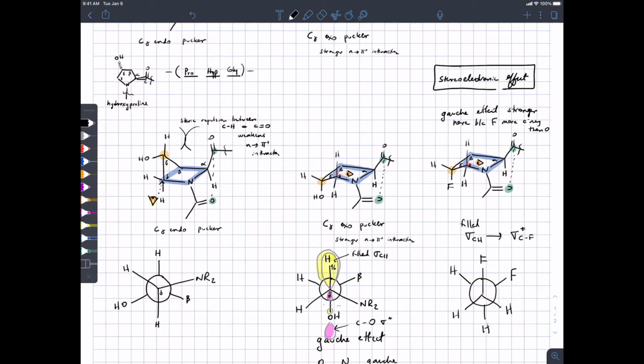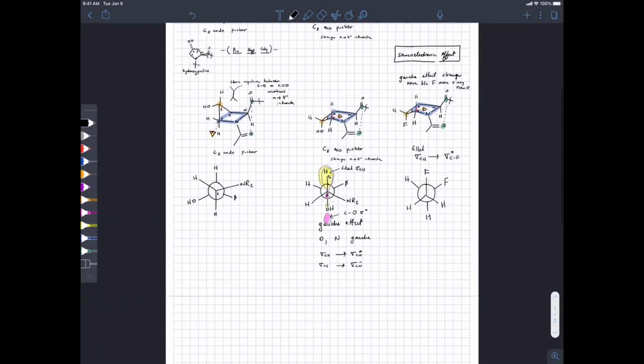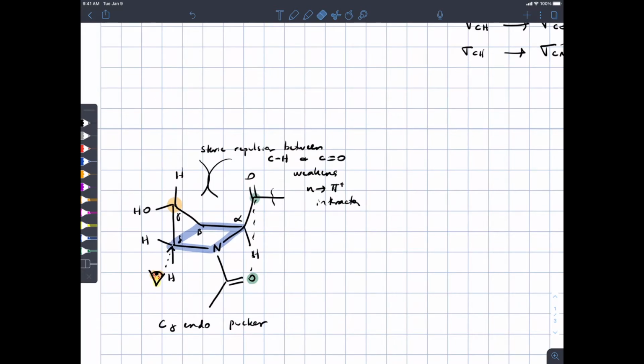Okay, so what if instead you wanted to favor the endopucker? I'm going to just copy the endopucker because I want it to not be so small, but we're also going to draw something nearby.